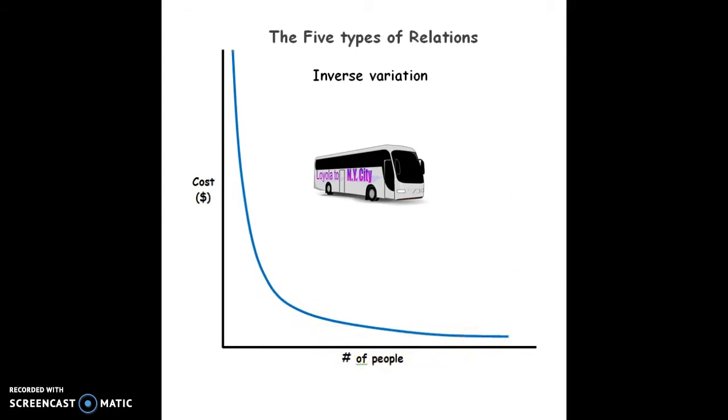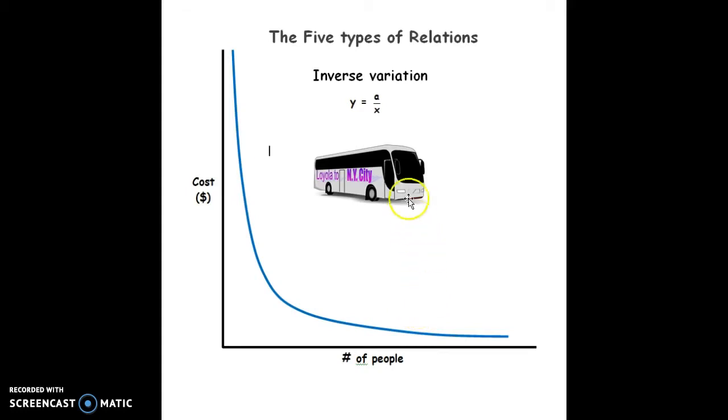And this is, as I said, an inverse variation relation, and the calculation is a division. You divide the total cost of renting the bus by the number of people that are riding with you. And it's an inverse variation. Reminder, it is not a line, it doesn't cross the axis, and it's decreasing. In other words, the more people you have, the less cost you have to pay.